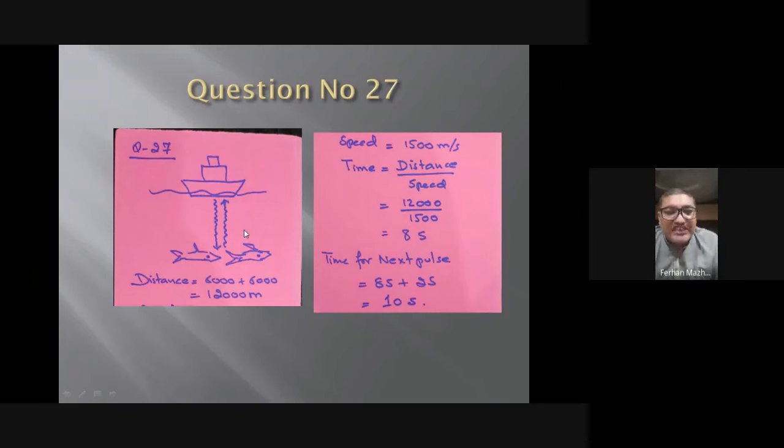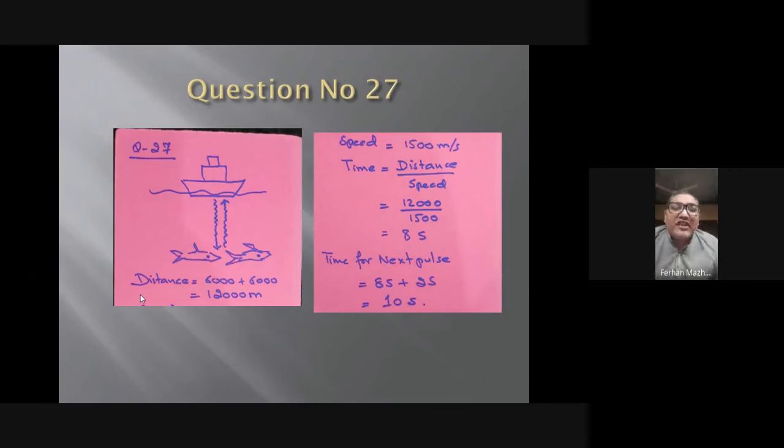Because the fish is 6,000 meters below the ship, the ultrasound has to go down 6,000 meters, and then travel 6,000 meters back to the ship. So the total distance traveled by the ultrasound is 12,000 meters.